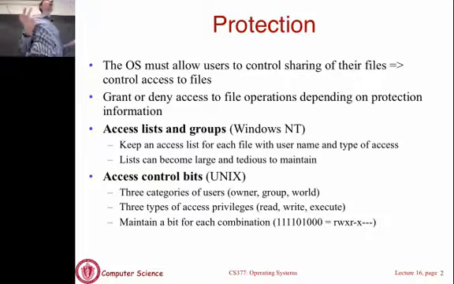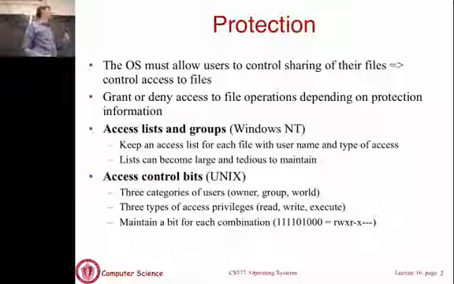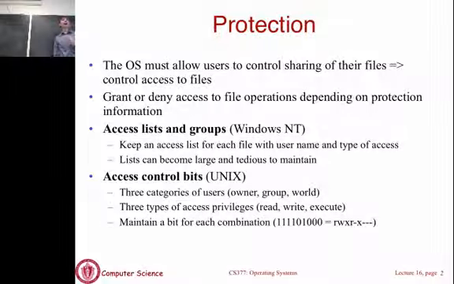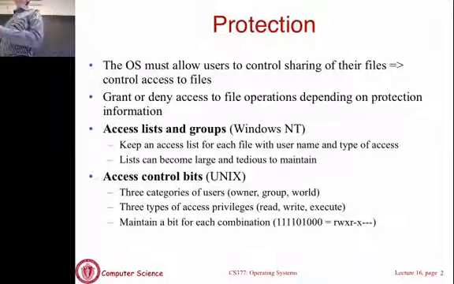Those are the three basic types of accesses. So essentially the way we do this is just using 9 bits, where the first 3 bits say whether the user themselves can read, write, or execute the file, then 3 bits for the group, and then 3 bits for everyone.